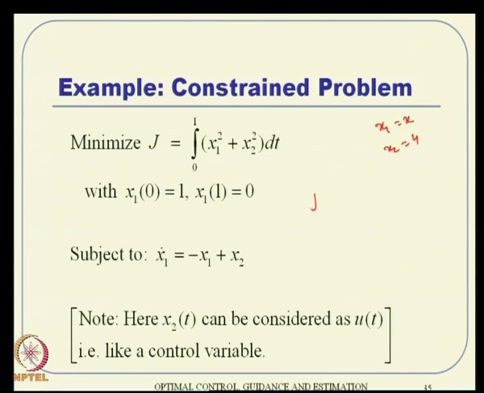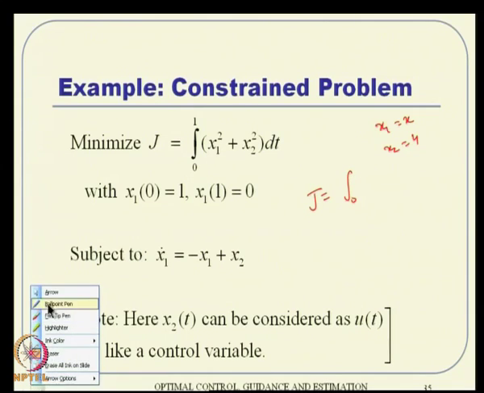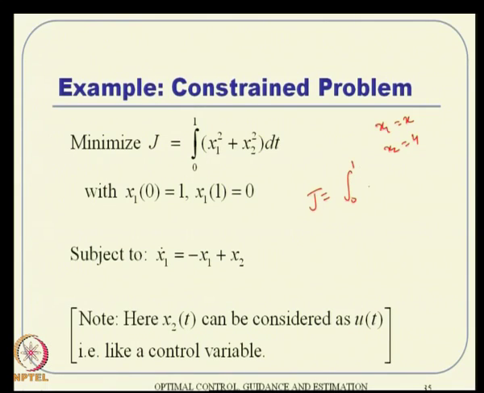Then J will be nothing but the integral from 0 to 1 of x square plus u square dt, subject to x dot equal to minus x plus u, and the boundary conditions are x of 0 equal to 1 and x of 1 equal to 0.